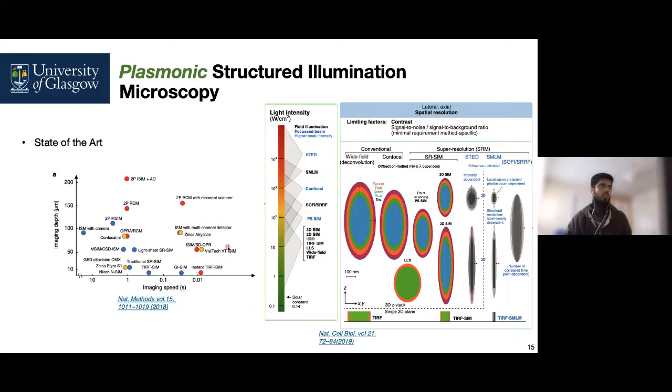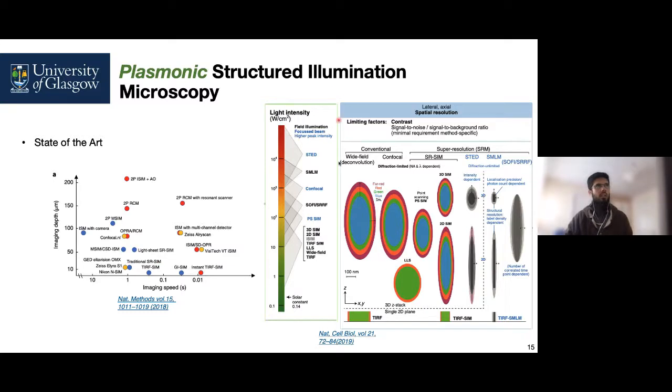Now, the imaging times have been going lower and lower because of the highly sensitive nature of the detectors that we have been able to observe lately. And more interestingly, this structured illumination microscopy technique has also been slowly giving us 3-dimensional imaging capabilities, in which we can get more information about depth as well.